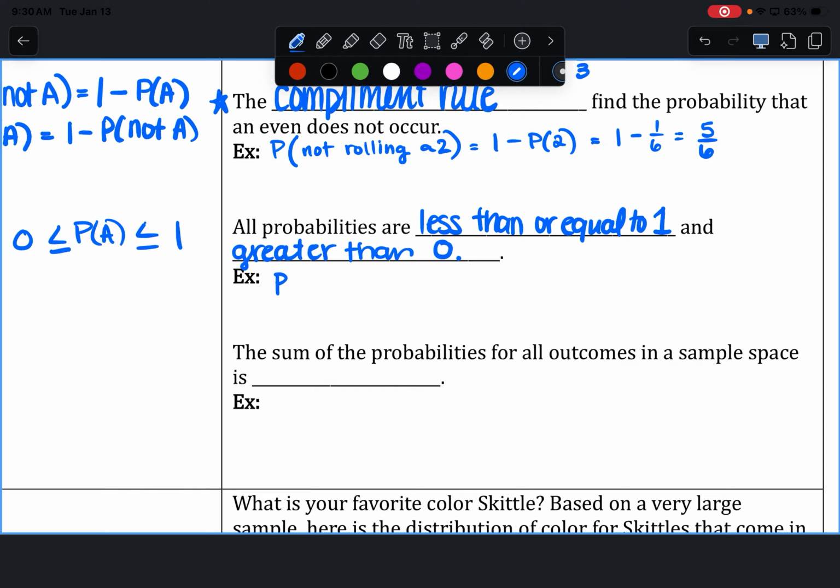So we can have a probability of 0.99. But we cannot have a probability of 1.2. We also cannot have a probability of negative 0.1. Okay? We cannot have negative and we cannot have greater than 1.